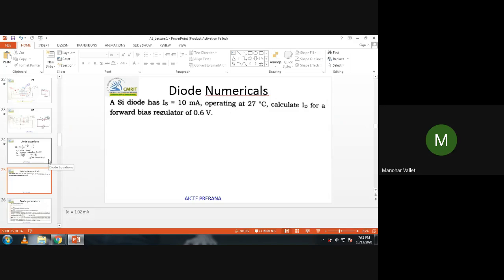See, 10 multiplied by... 1.02 milliamps.